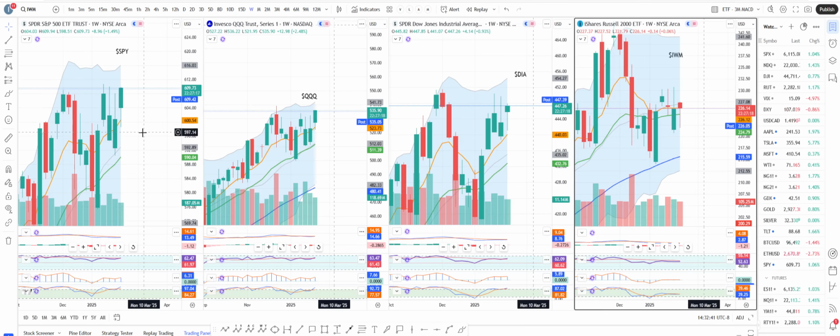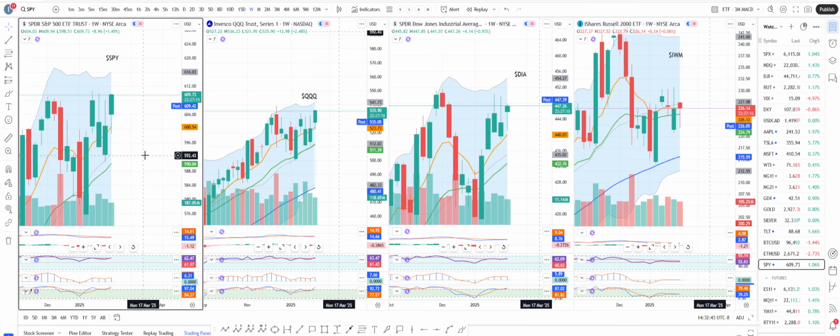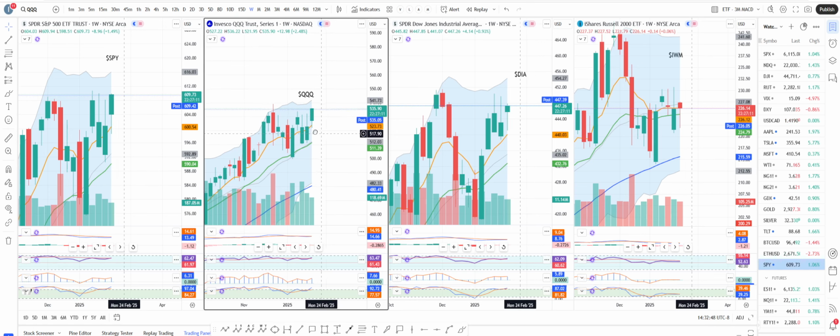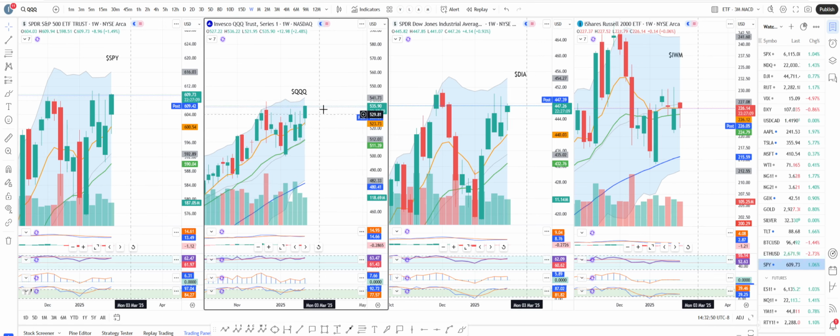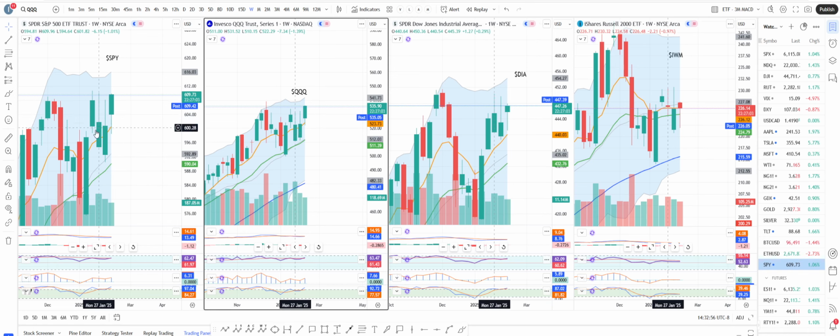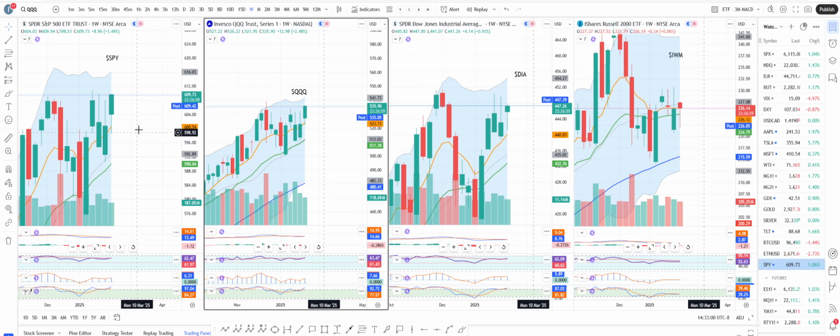If we look at the potential weekly closure for tomorrow, if S&P and Nasdaq close like this with these candles, it will be a clear reversal, clearly overcoming the recent weakness.